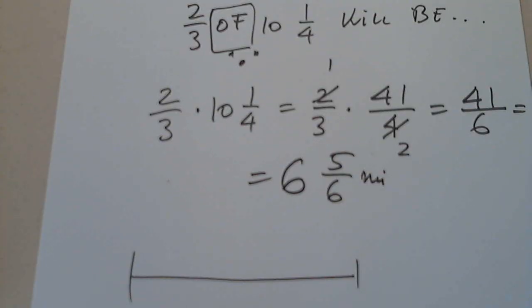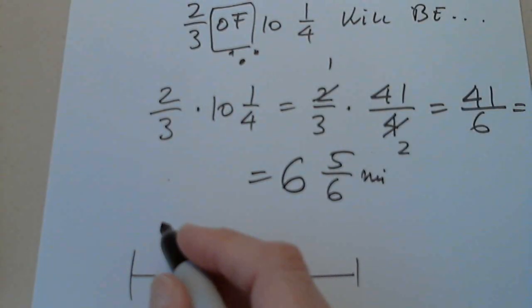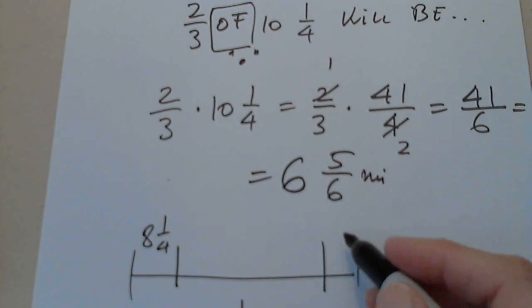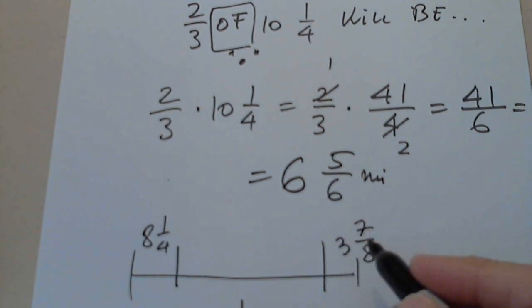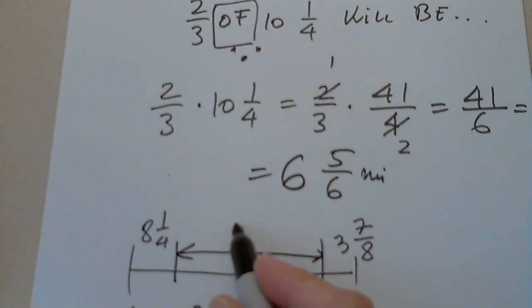This is the total of 34 1/2 inches. We have this piece, which is 8 1/4, and this piece, which is 3 7/8. Okay, so what we need to determine is this piece.